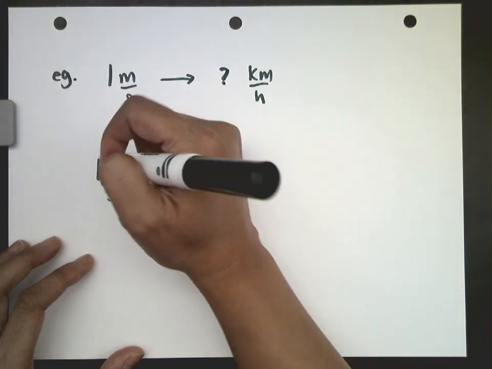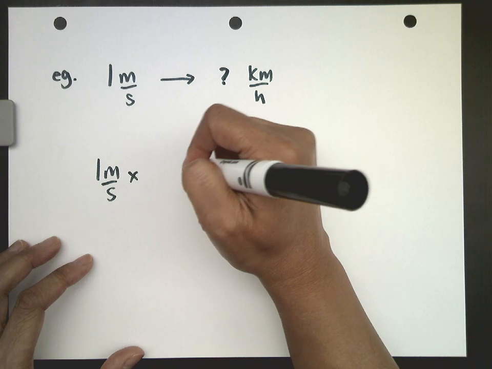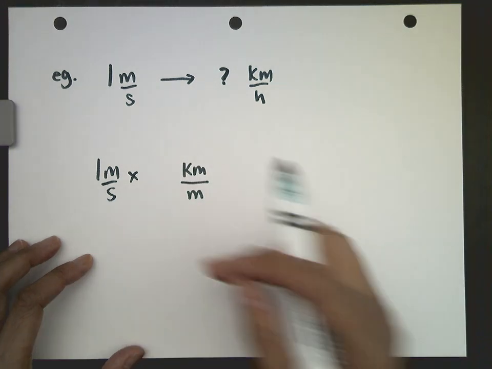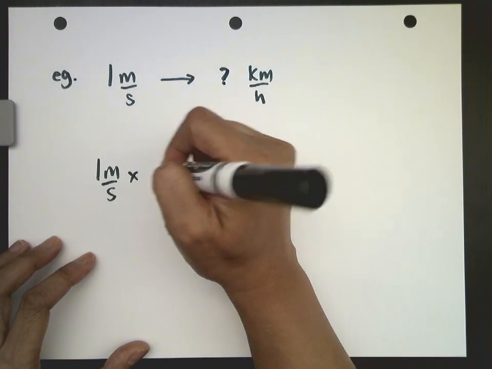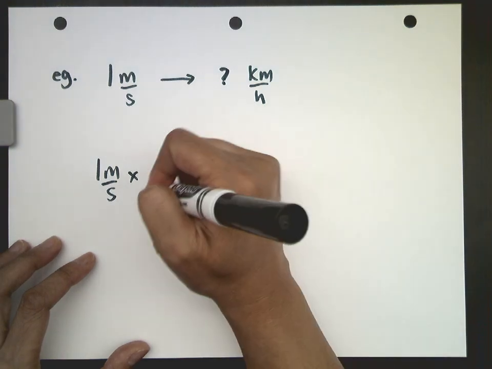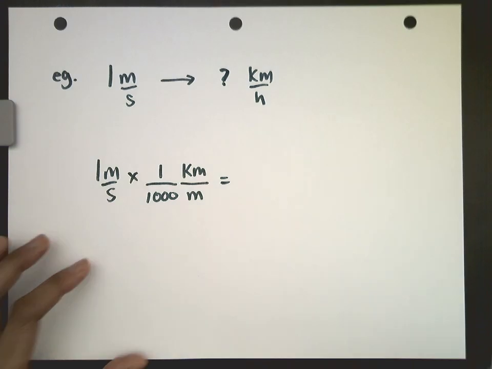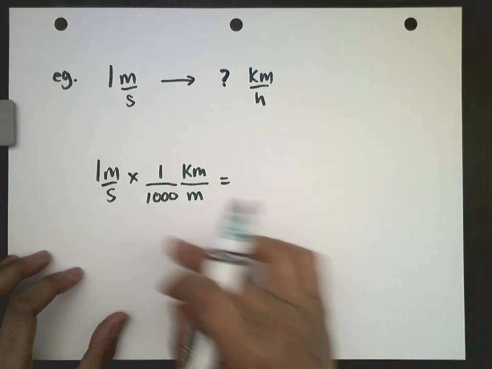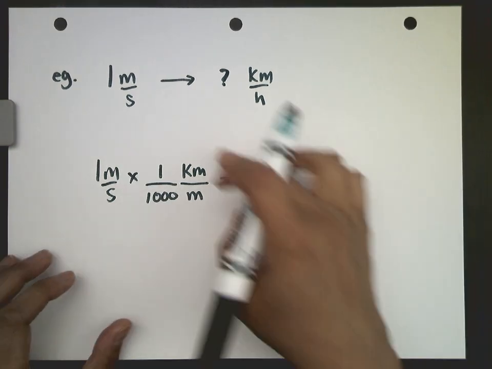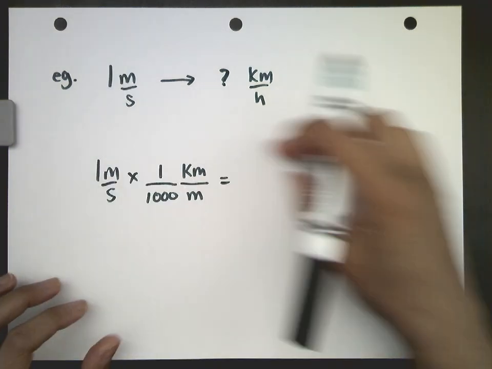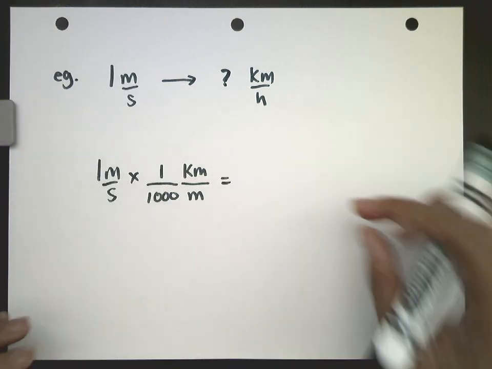So here I'm going to multiply it by 1, but it's the value of 1. So for example, I have meters and I want kilometers. So therefore, I must cancel my meters. So for every 1 kilometer, there is 1,000 meters. And so when you multiply through this, yes, you are multiplying. The value of this is 1, but let's multiply the numerator all the way across and the denominator all the way across.